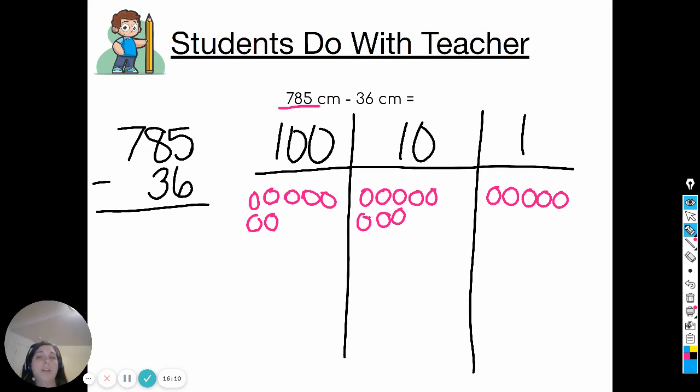Okay, let's go ahead and start taking away. So we're taking away 36. Step 1, start in the ones. So if you look over here in the ones place, we have 5. And we need to take away 6. Well, we only have 5, so it's not possible to take away 6, so we have to borrow. Let's go over to the tens place, borrow 1 ten. So cross that out.